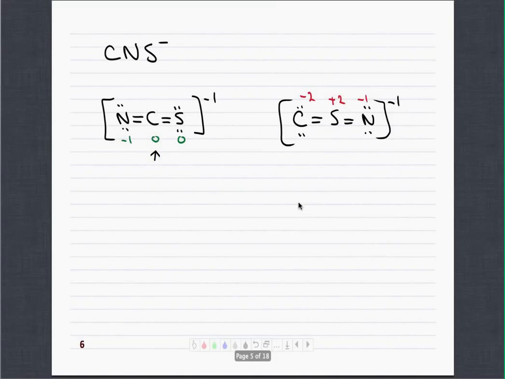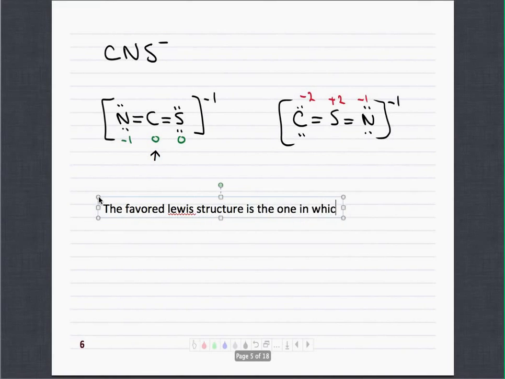So the favored Lewis structure, and this is a rule of thumb that you're going to be asked about, is the one in which the atoms' formal charges are closest to zero.